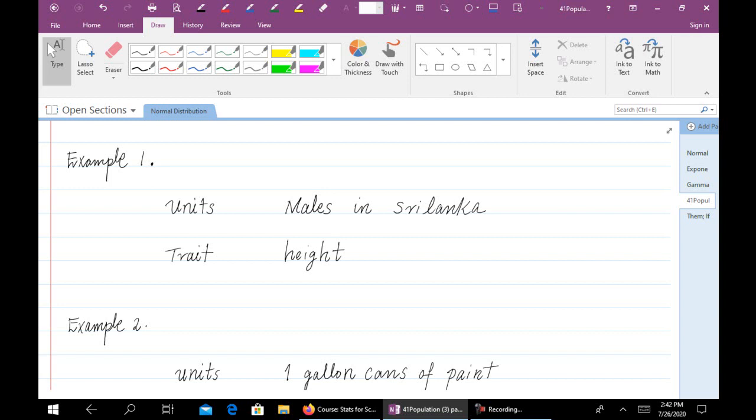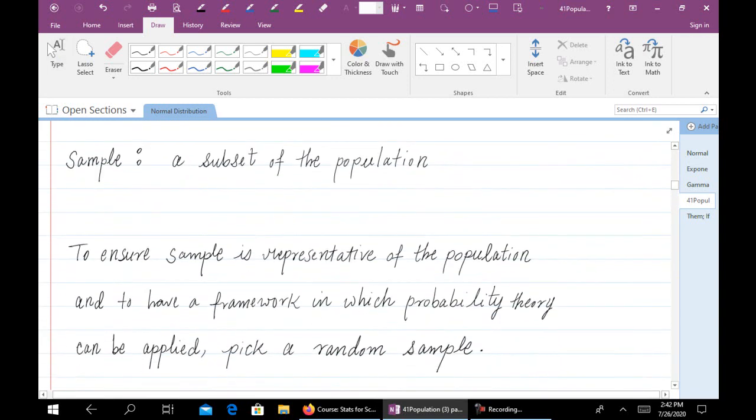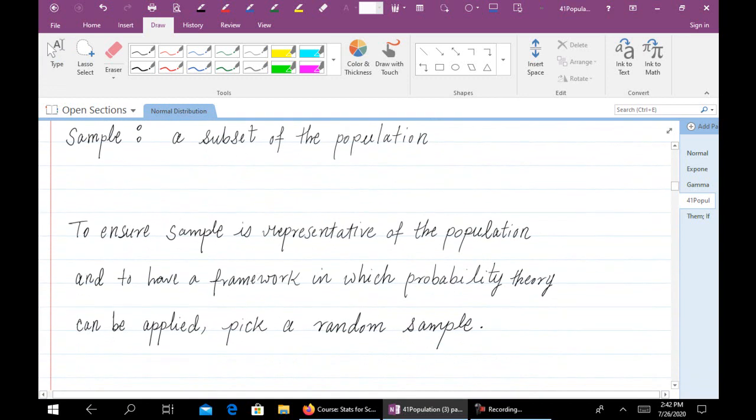So you pick, let's say, 1,000 or 500 males in Sri Lanka, and for each one of them you measure the height, and then you take a set of those 500 measurements, and that's a subset of the population, and that's the sample.